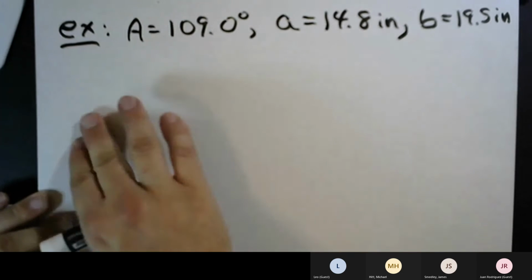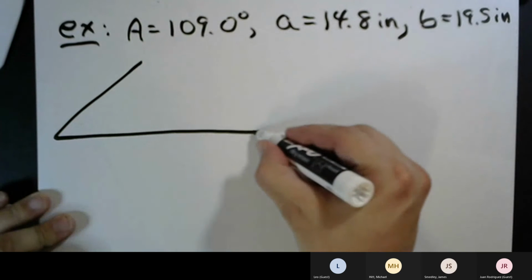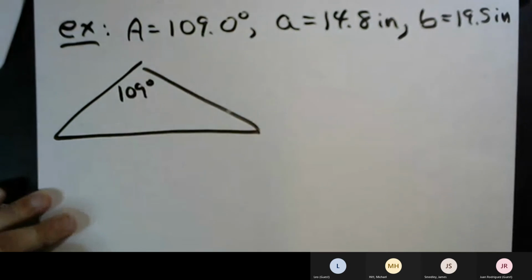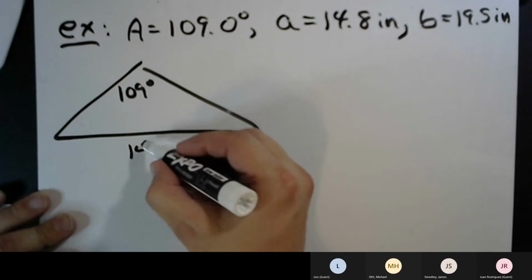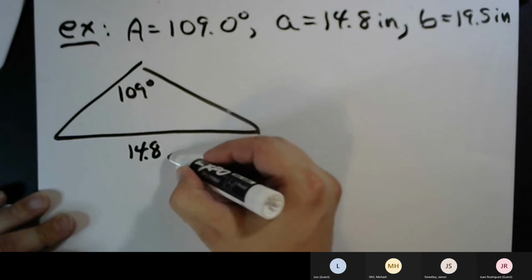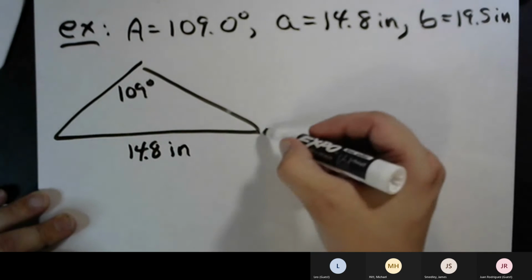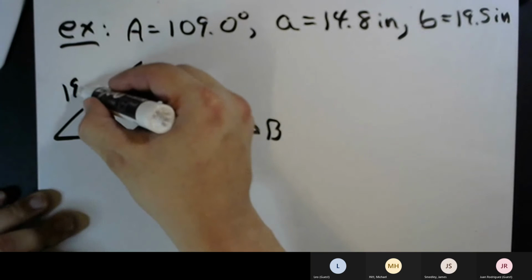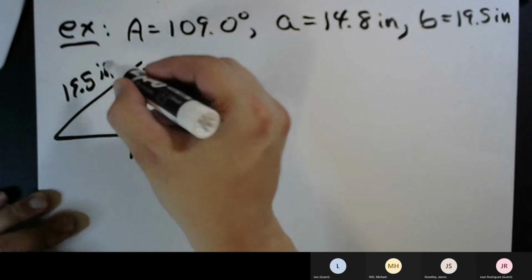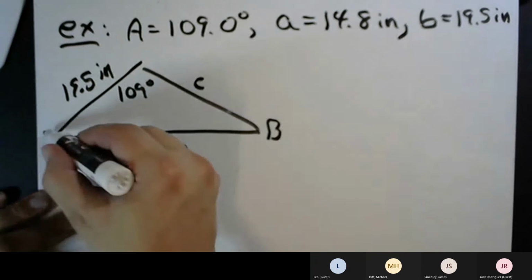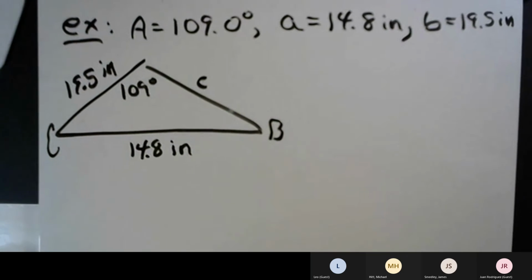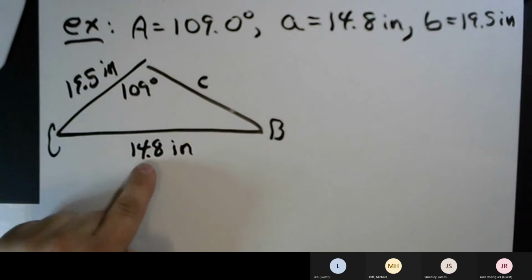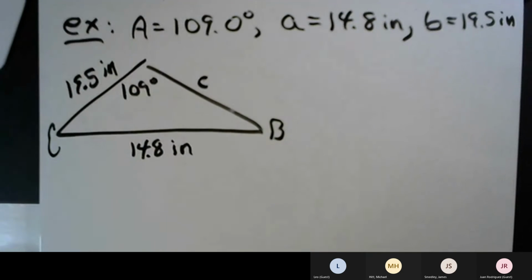Let me make it a little bigger. Angle A is 109 degrees, and side A is 14.8 inches. Let's say this is angle B, this will be side B of 19.5 inches. There's side C and angle C. So this is angle A, side A, which is opposite, and then we have some second side here.